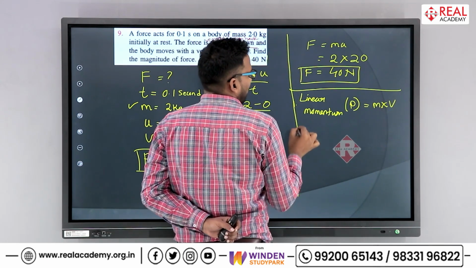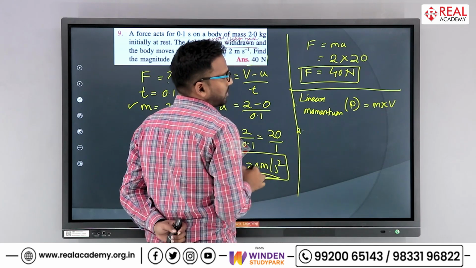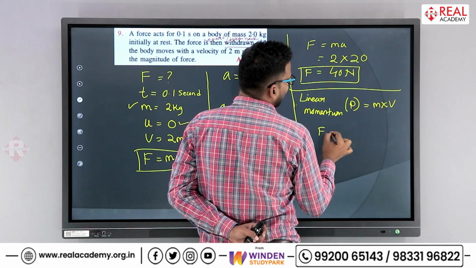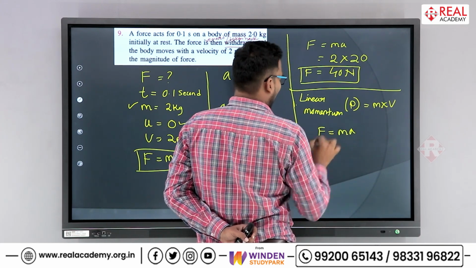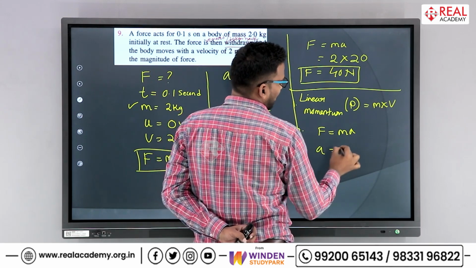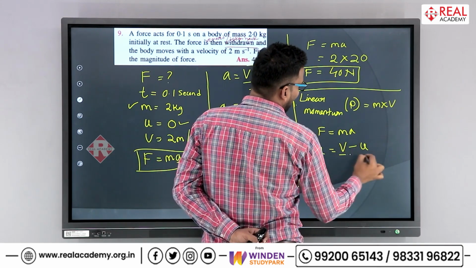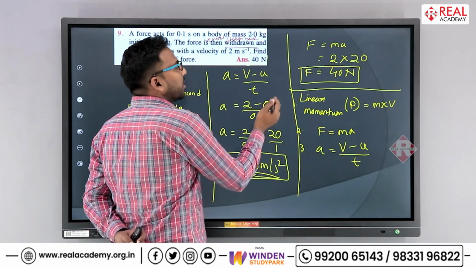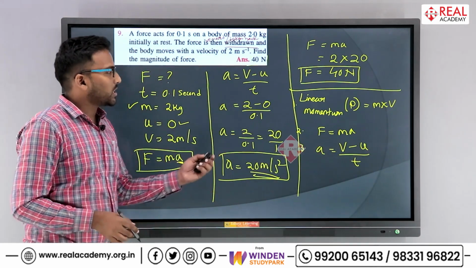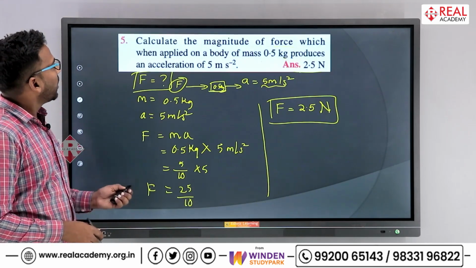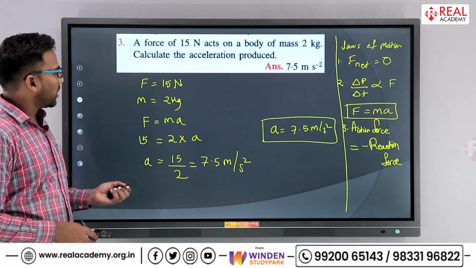Next is the second law, F is equal to ma. Third is to find a: average acceleration is final velocity minus initial velocity upon total time, right? These are the most common formulas we have gone through in all the questions solved till now.